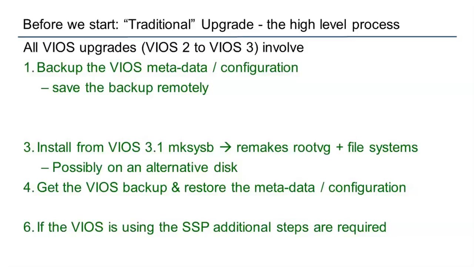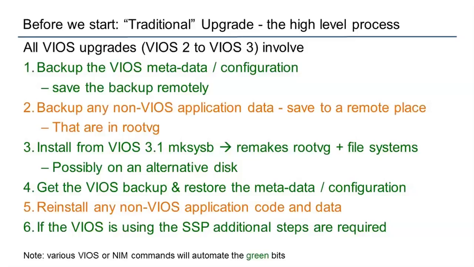And we have to put it on the network typically to do that. Then we restore that metadata, and then our VoServer is up and running exactly as it was with a new, fresh virtual VoServer operating system. If you've got a shared storage pool, there's a couple of other steps that are actually required to take it out of the cluster while you do this operation and bring it back later on.